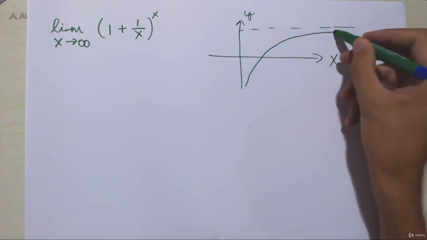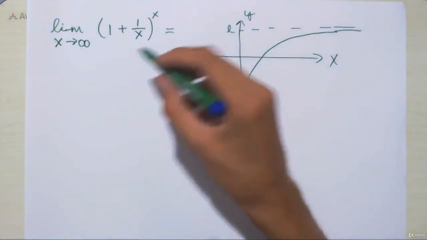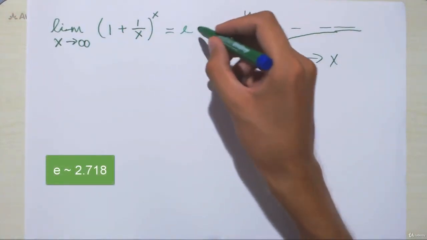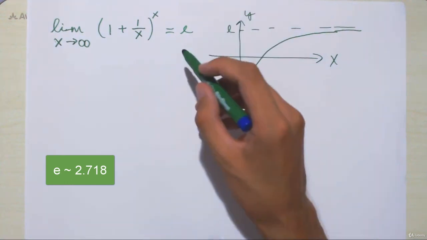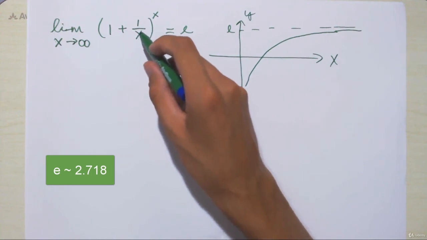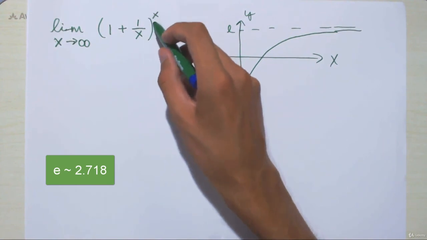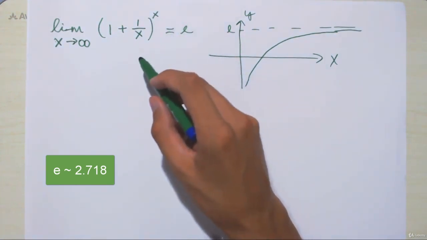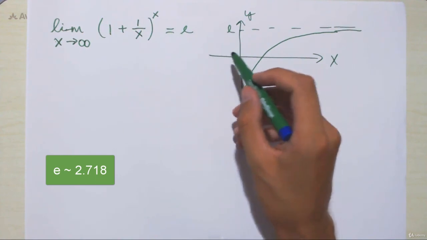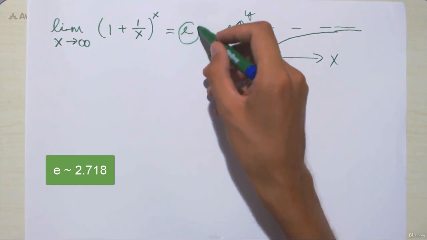And that value is Euler's number, which is 2.7, and it's also an irrational number. It has an infinite amount of decimals, but this is where it comes from. As x approaches infinity, this term becomes smaller, but then you have this term in the power, which becomes bigger. And through a mathematical proof, it has been proven that you will achieve Euler's number.